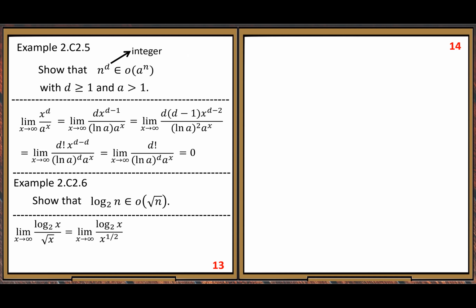Log base 2. Before we take derivatives, we write square root of x as x to the 1/2 power. That's the power function standard way.